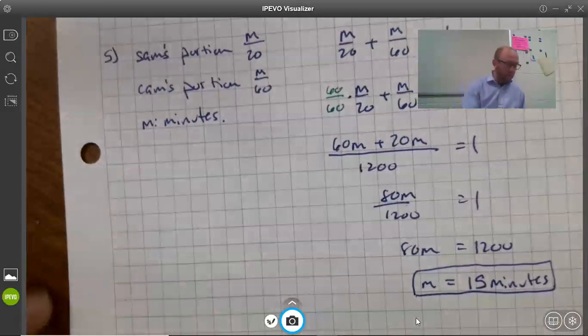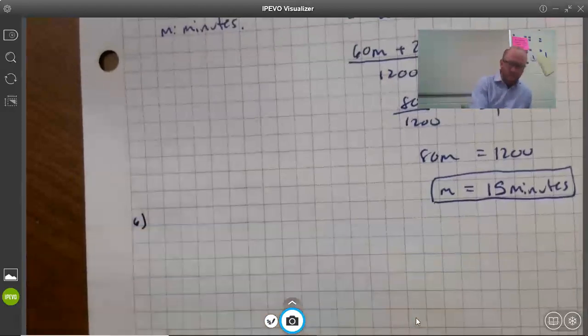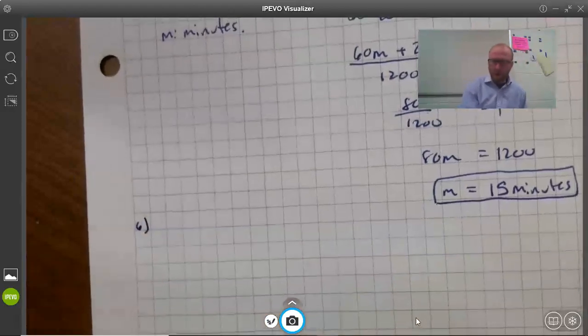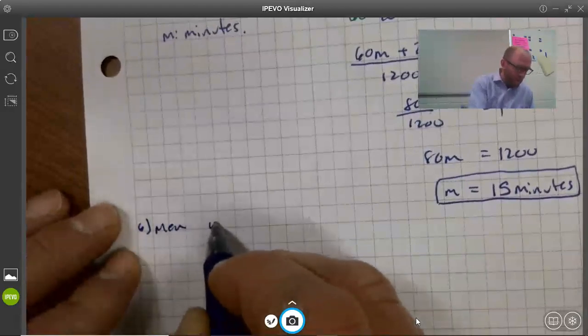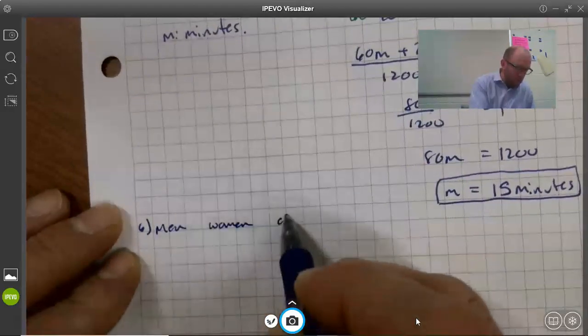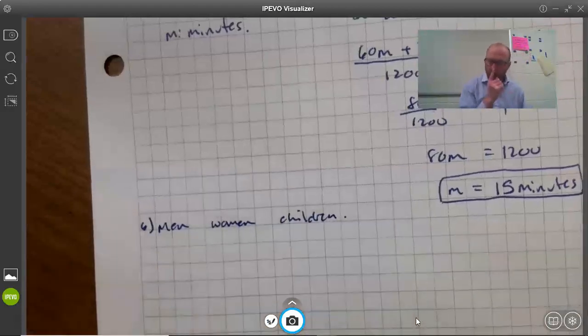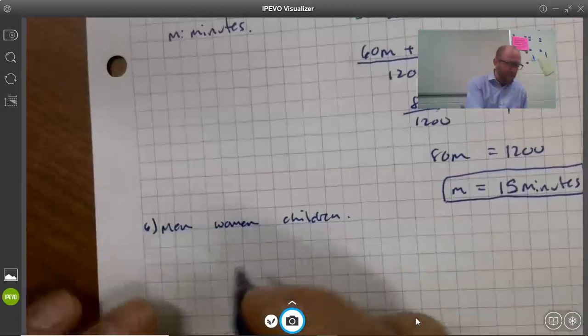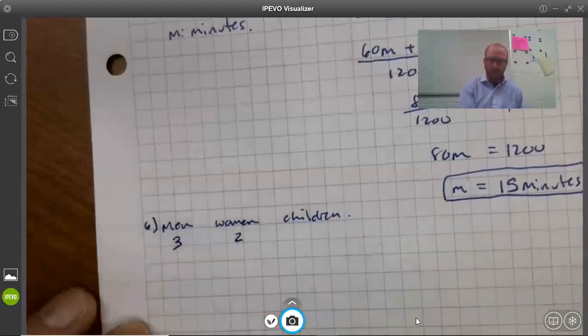All right, 6. People in a theater. I think I can squeeze this one in down here. So there are men, women, children, and the ratio of women to men is 2 to 3.